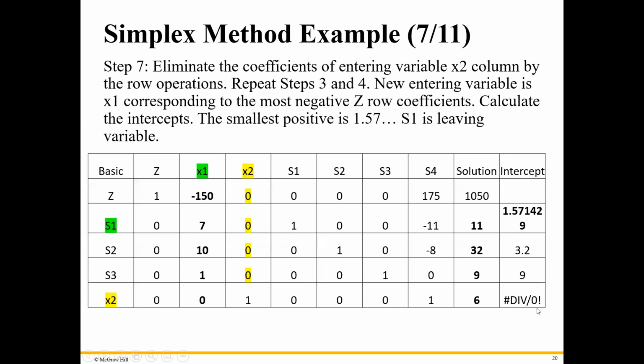So we get these new intercept values. Out of these new intercept values, the least positive value is 1.57. That least positive value suggests that S1 will be what kind of variable in this step? Leaving variable. So S1 will be replaced by X1 in our next iteration.